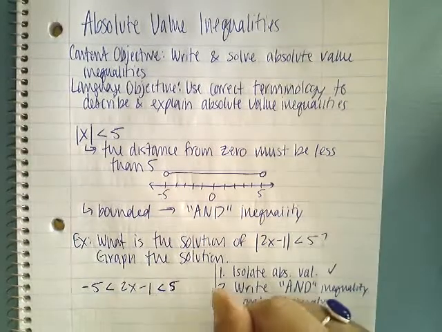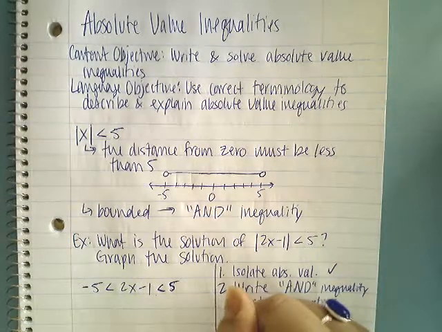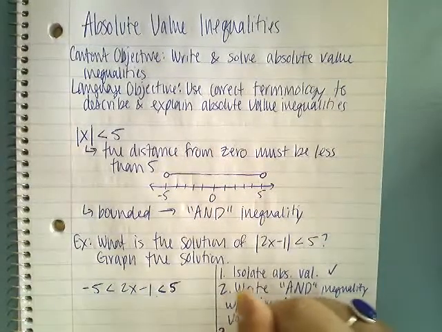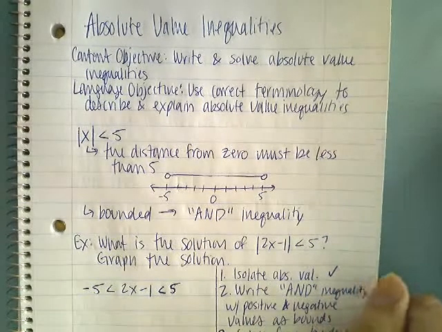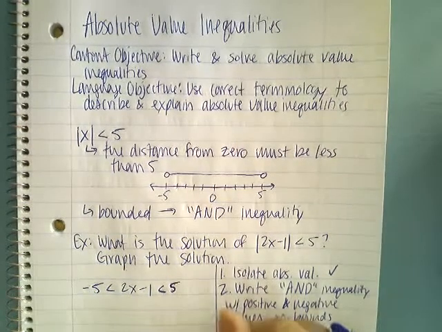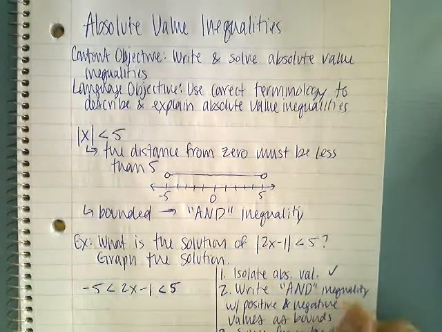And now I'm going to solve out this problem. So the way I'm going to do that is solve for x by doing the inverse operation, just like we normally would do.